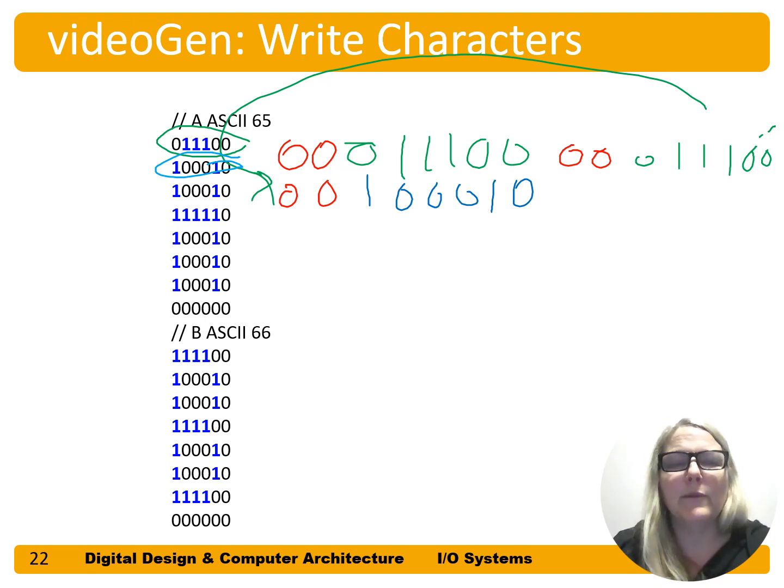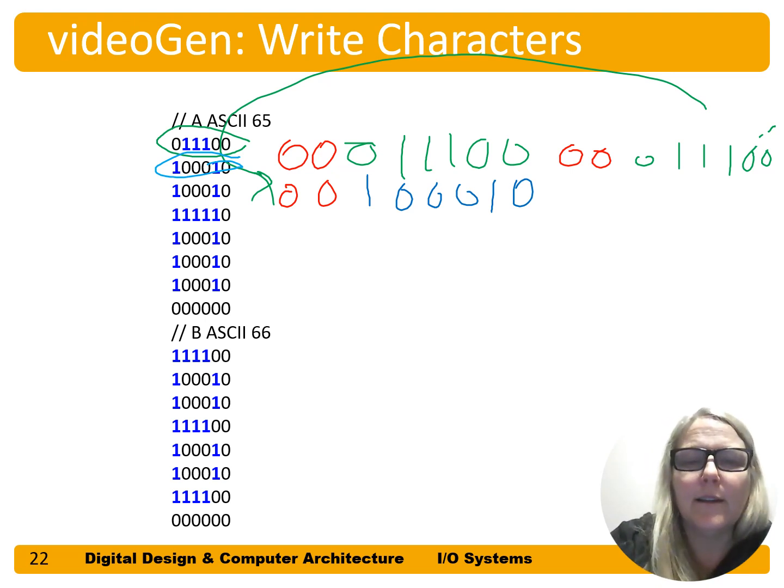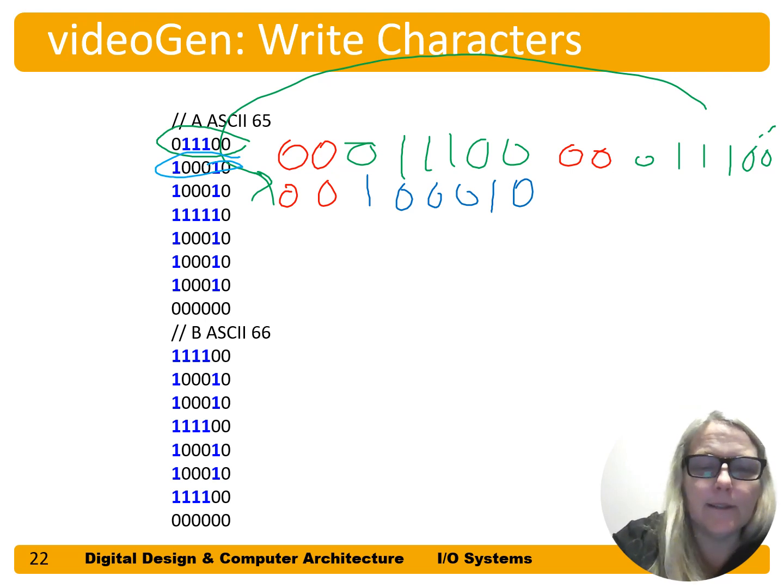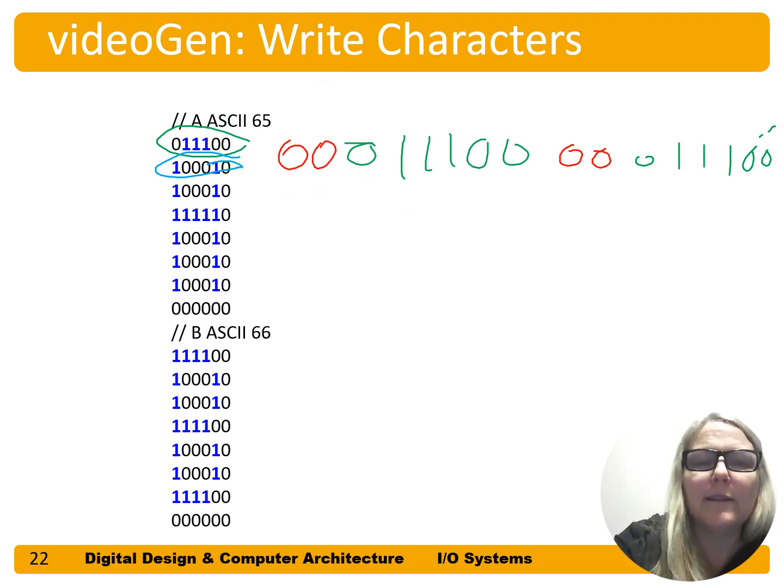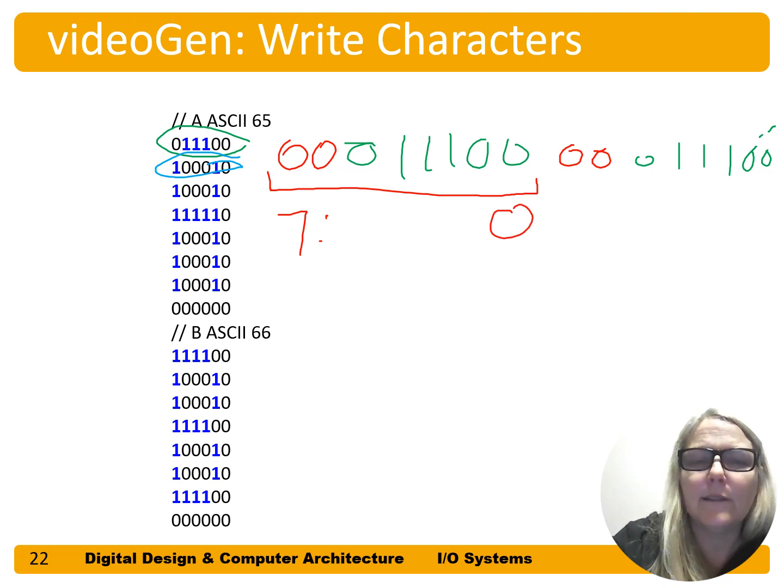For example, when we read out that top line, our Y value is incrementing from 0 to 1, but what we just read is going to be bits 7 to 0.